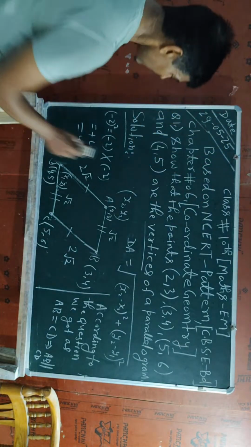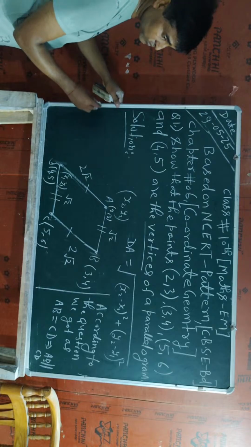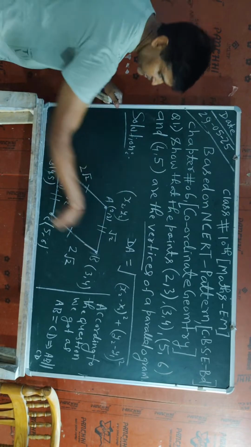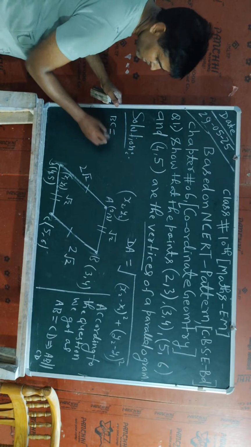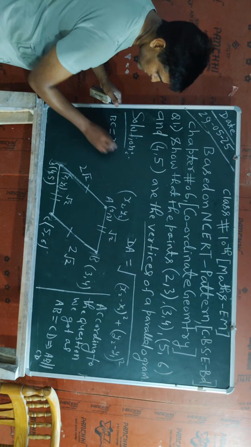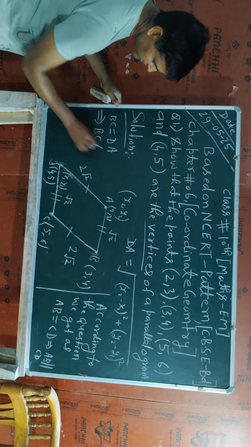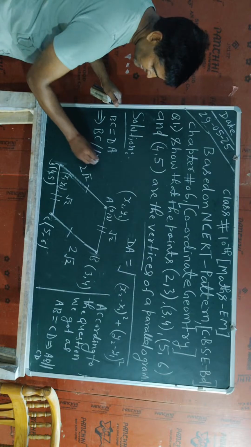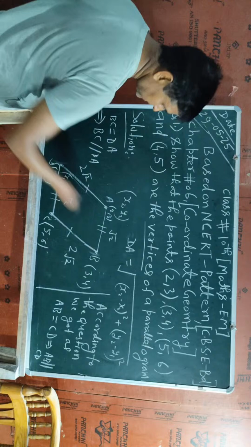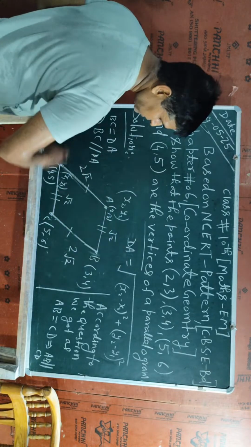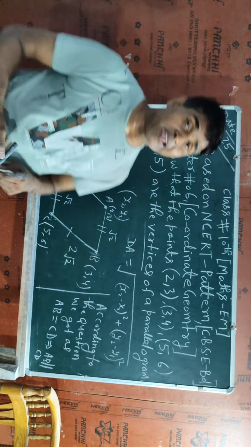And other information I will also write. According to the question, I have also got the length of BC equal to the length of DA. This can be possible when BC is parallel to DA. This line will be parallel to this line, and this line will be parallel to this line. It means the lengths are the same and the lines are parallel to each other.